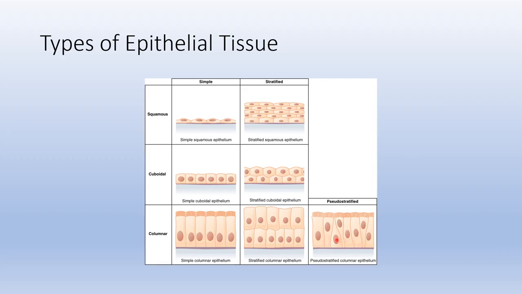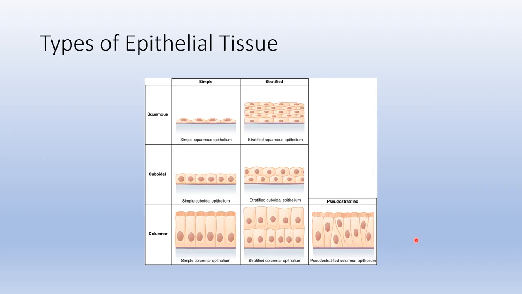On pseudostratified, notice how the nuclei on the cells, they're kind of all over the place. So when you just sort of glance at it, your first thought, if you did a quick glance, is like, oh, that's multi-layered. And sometimes, notice how like this cell right here, it's very large down on the bottom, but it kind of gets squished out on the top.